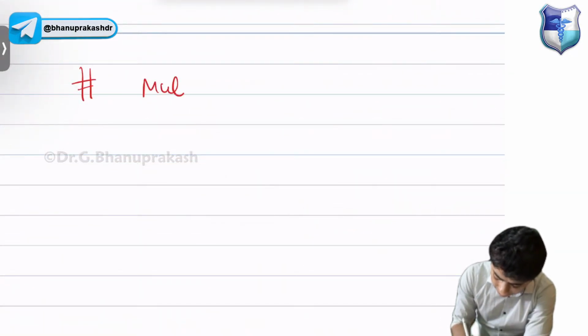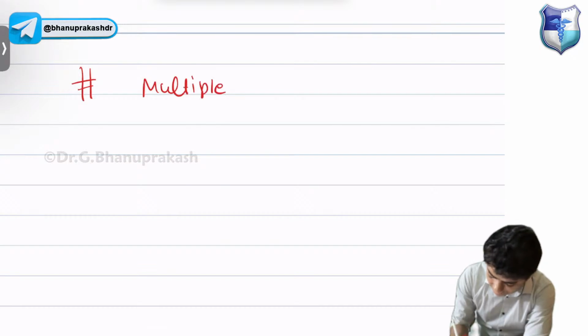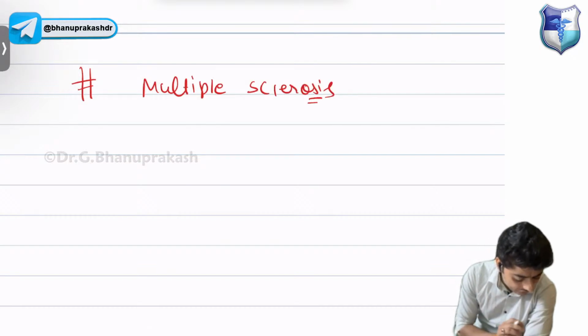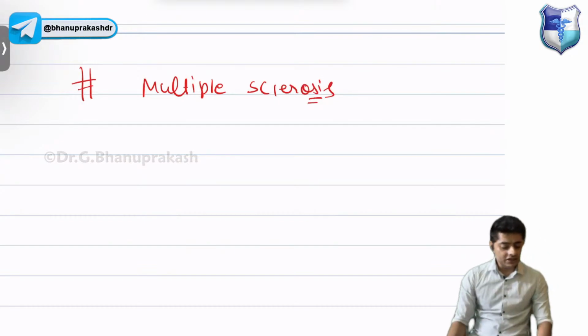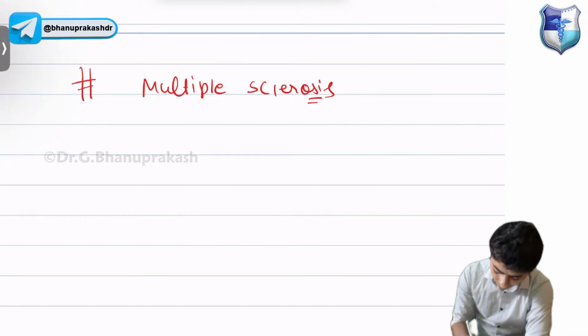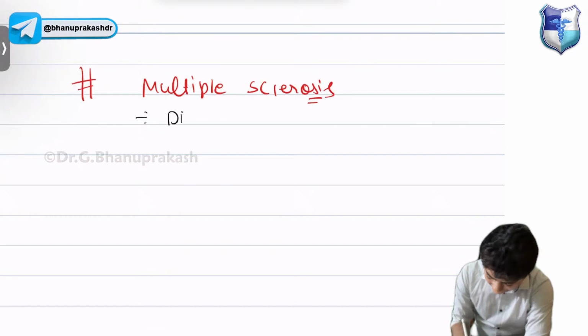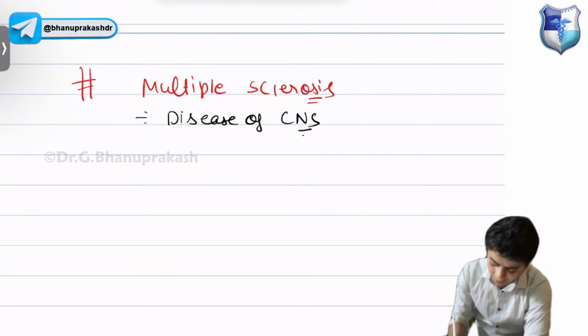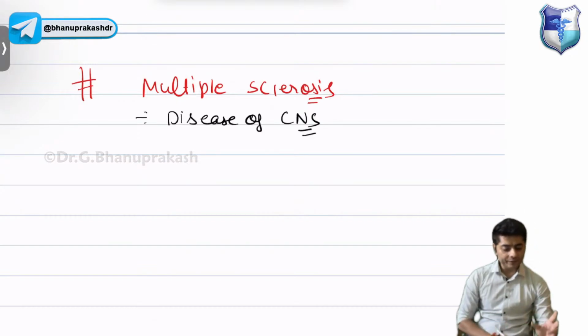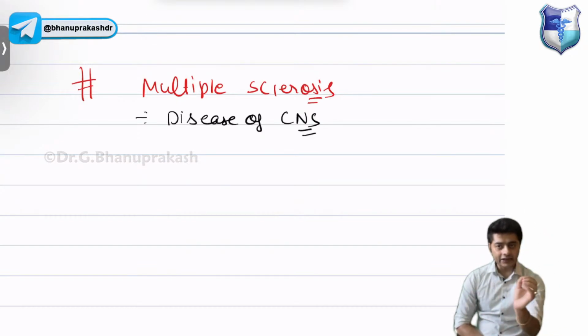That is multiple sclerosis. So now can anyone tell me the definition of multiple sclerosis? First, we all know that it is a disease of the central nervous system.